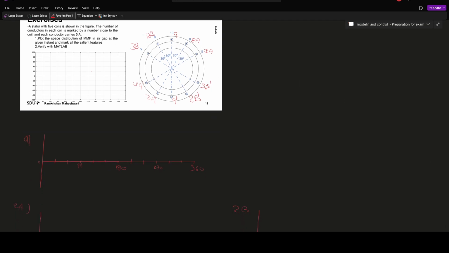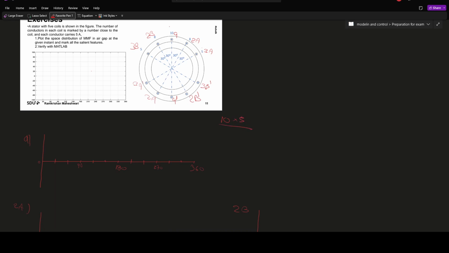So here we can see that this is 0 degrees. The coil is at 90 degrees. So from 0 to 90, we can see that the flux is going out of the coil. So we are gonna say that the MMF is negative. And in terms of the magnitude, that is 5 amps. We have 10 turns, so we have 10 turns times 5 amps.